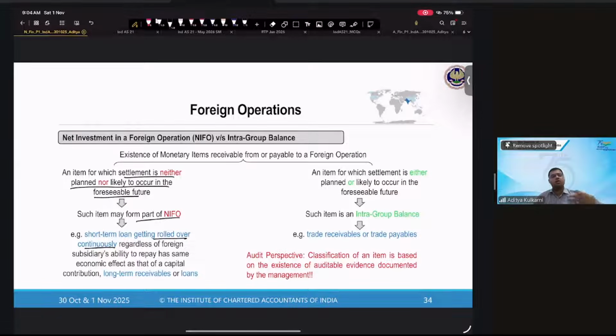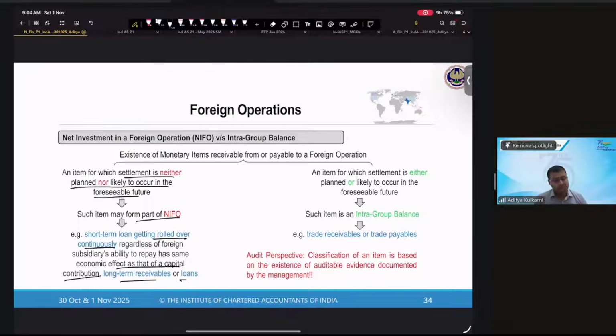That extension keeps on continuing. Regardless of the foreign subsidiary's ability to repay, it has the same effect as a capital contribution. So a short-term loan getting rolled over is nothing but similar to a capital contribution, that is, similar to equity or long-term receivables or loans.